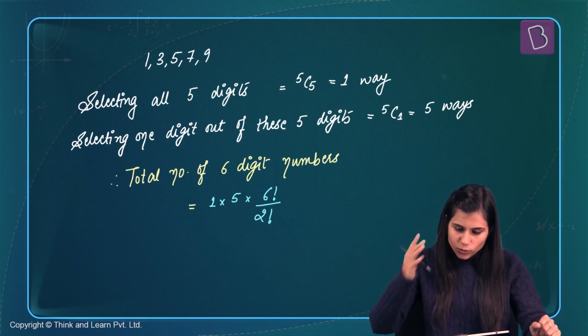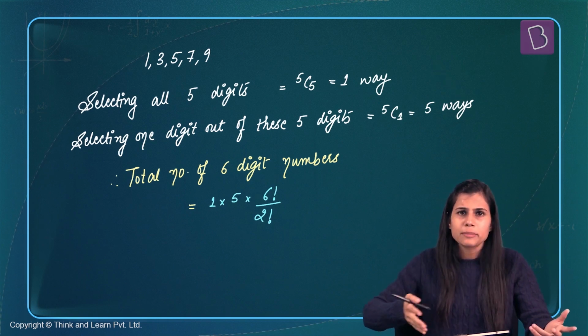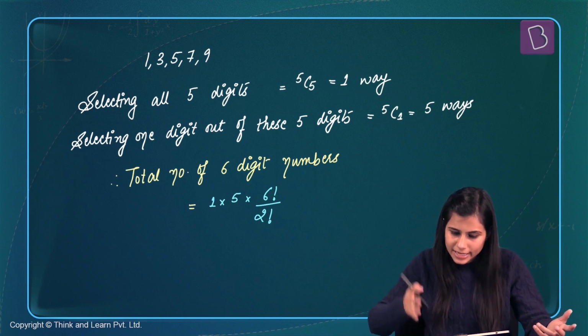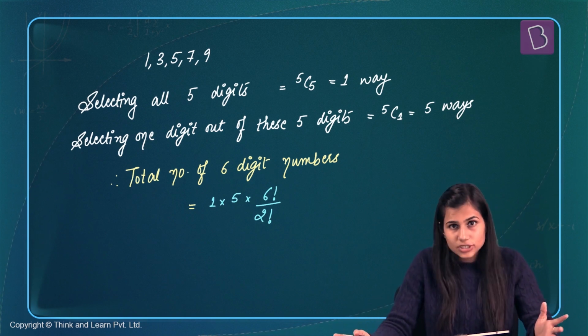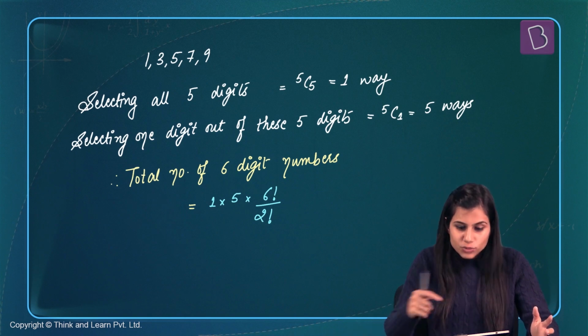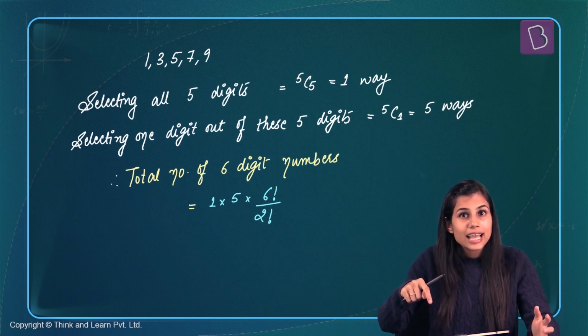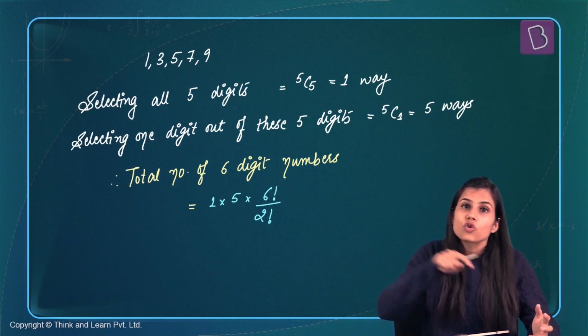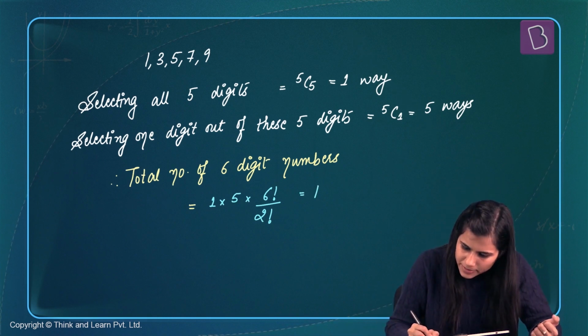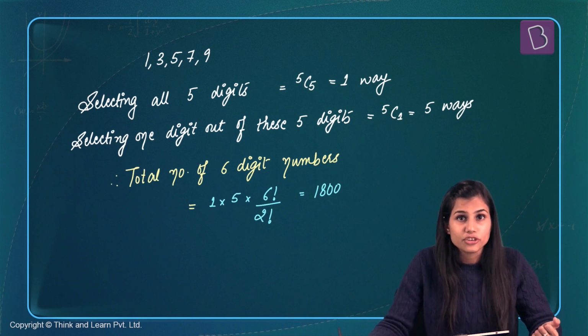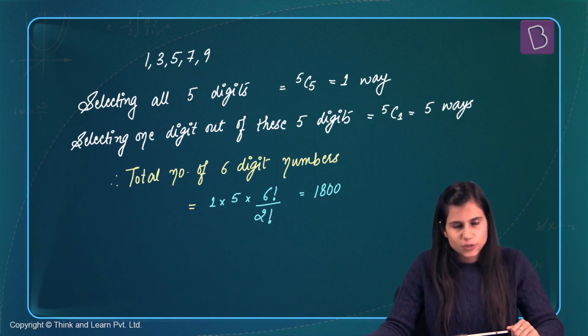So you get 5C5 into 5C1 into 6 factorial by 2 factorial as the total number of 6-digit numbers formed by using these 5 digits and under the condition that I exhaust all these 5 digits. This, when you solve very simply, comes out to be 1800, and therefore 1800 is your final answer.